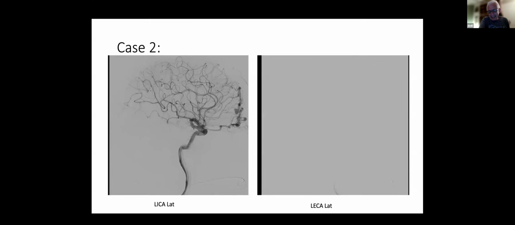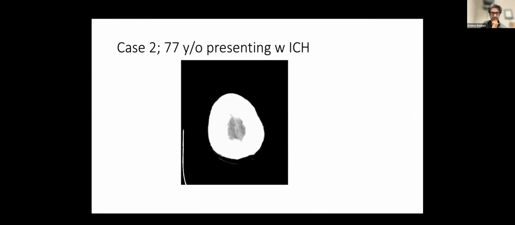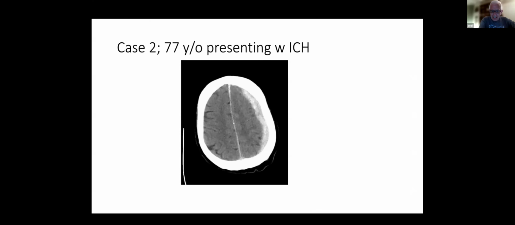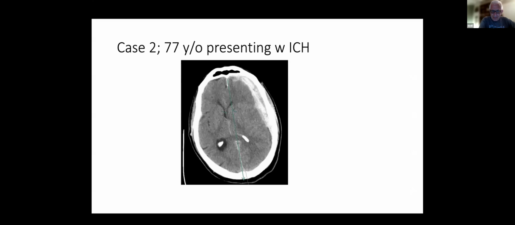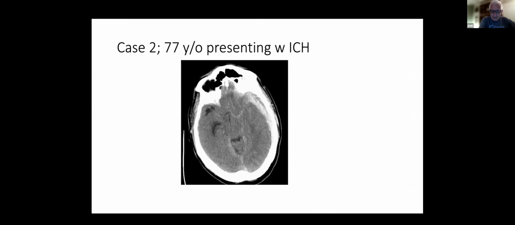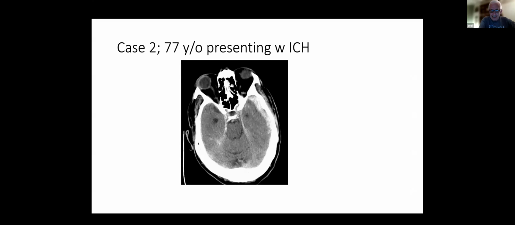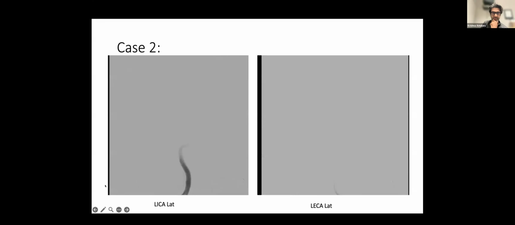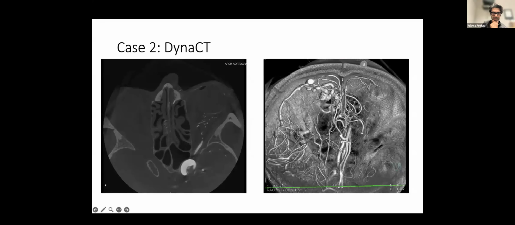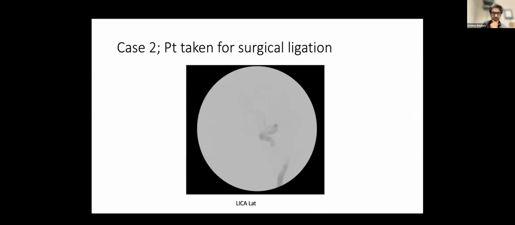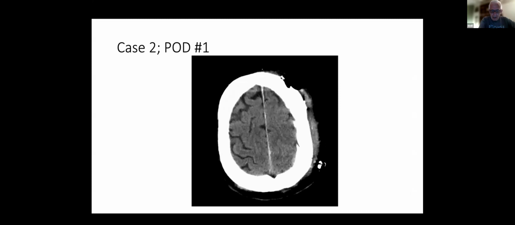Second thing, can I see the CT scan of the hemorrhage again? Sure. It didn't look really like the hemorrhage came from the fistula. No, sorry, the post-surgical one. And also in the first case, I was not so sure.